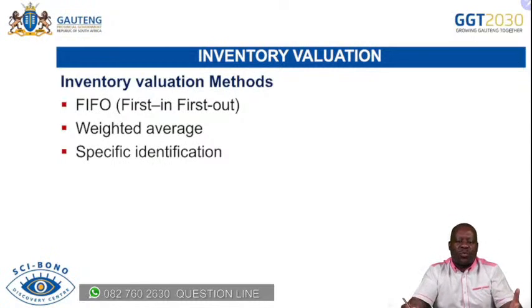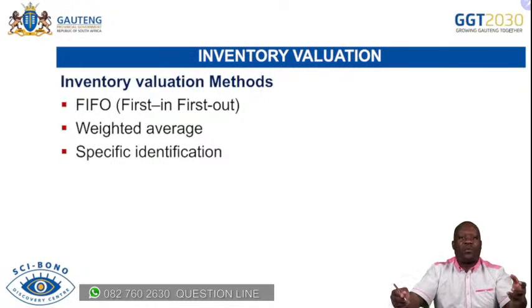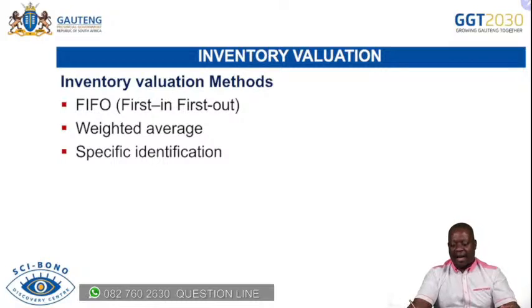But now for this to work, we must be able to specifically identify the product. Does the product have a specific identifying feature? Are the products unique? Then we can use the specific identification method.